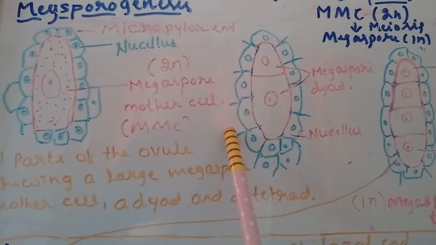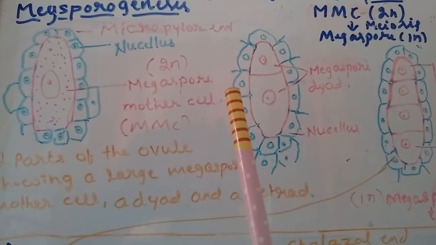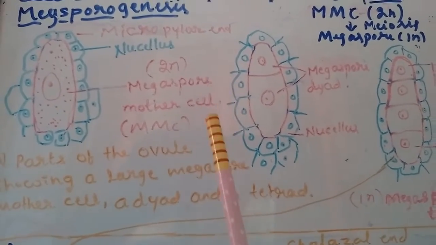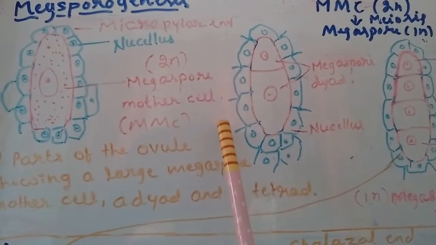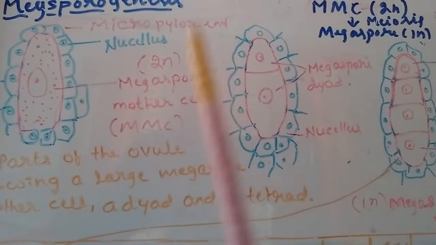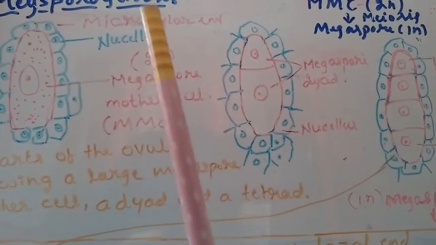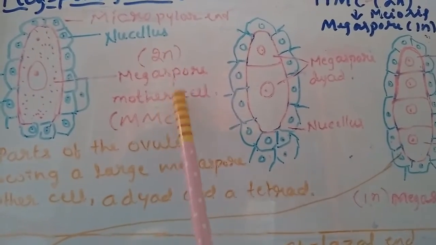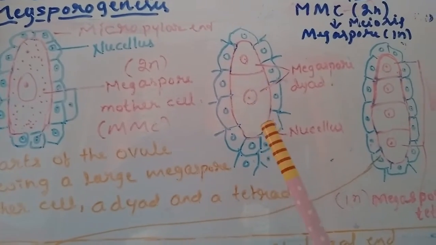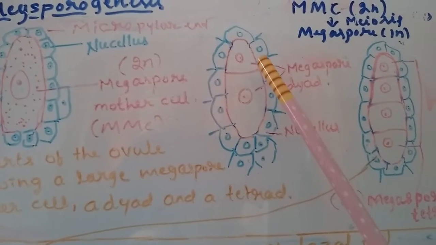Which cell division here? Meiotic cell division. Meiotic cell division is a reductional division, where half the number of chromosomes is distributed to the resultant cells.